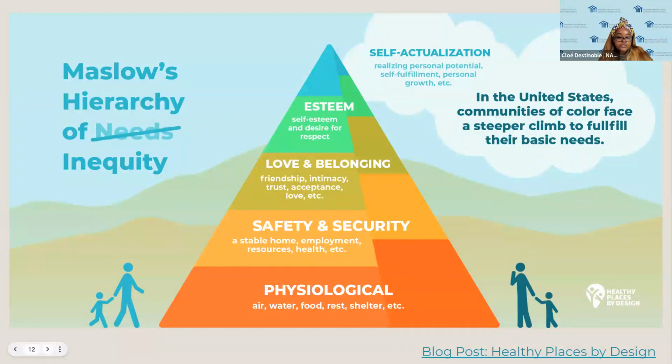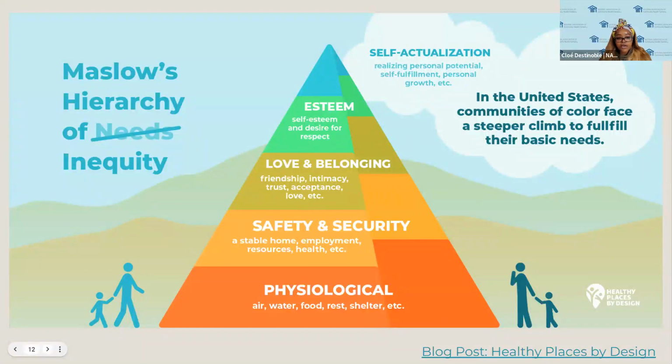Okay, so most people are familiar with Maslow's hierarchy of needs, which categorizes our physiological and psychological needs from the most basic to the most complex.